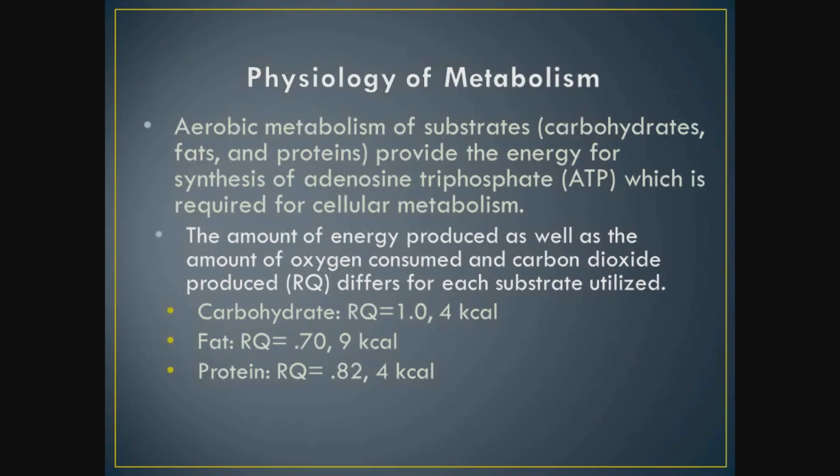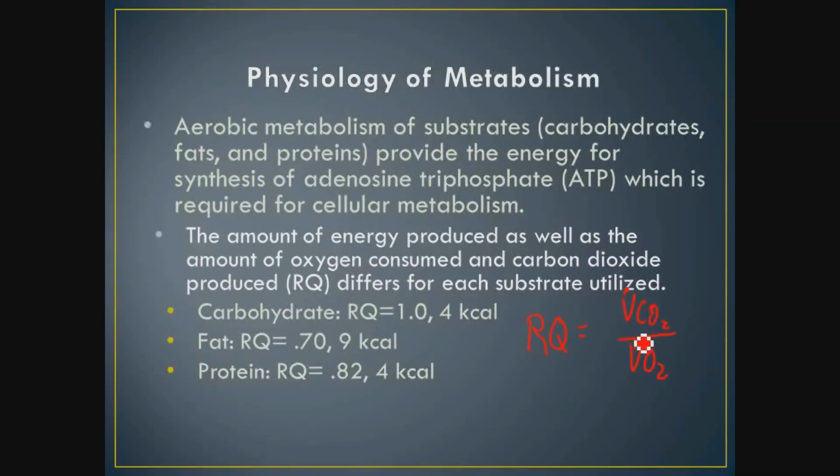Not only is it the amount of energy that's generated, but it's also the respiratory quotient, the relationship between how much oxygen is consumed and how much CO2 is produced. If you remember back, before break, we said the respiratory quotient was the relationship between the amount of carbon dioxide produced per minute compared to the amount of oxygen consumed.